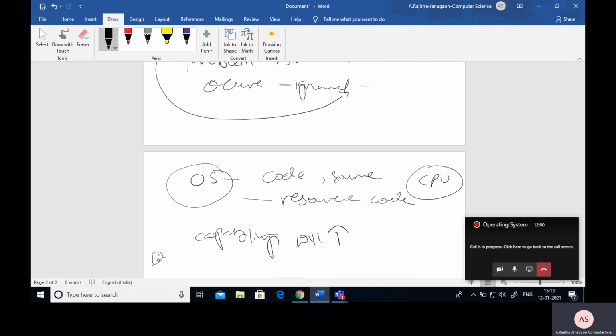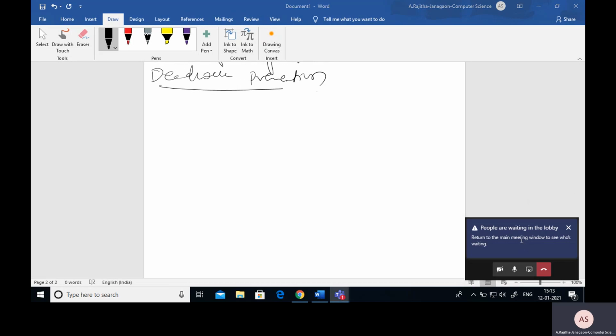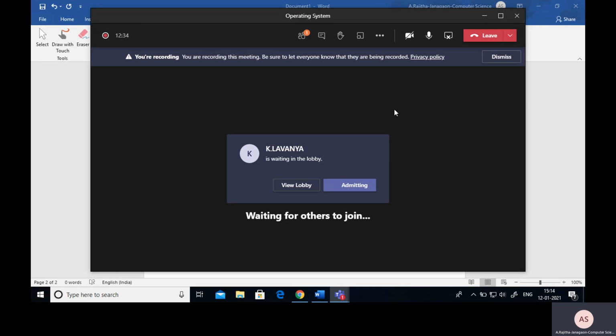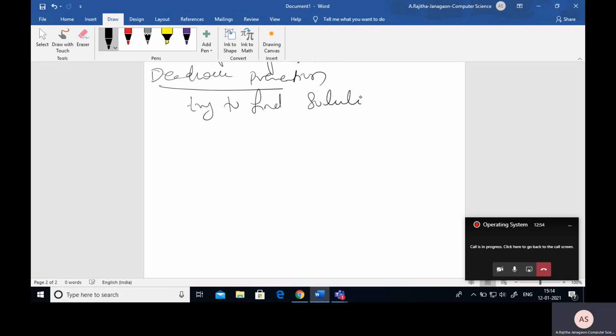Coming to deadlock prevention: what is deadlock prevention? We know very well how a deadlock occurs. So deadlock prevention is nothing but trying to find the solution before the deadlock occurs.